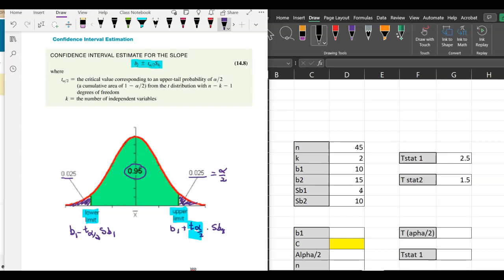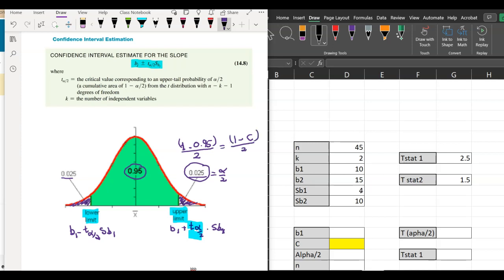Now, how do you get it? You always do 1, the total area of the bell shape, minus the middle area, which is the green one, 0.95, divided by 2. That's going to give you this value in here. So the formula is 1 minus the confidence level divided by 2.